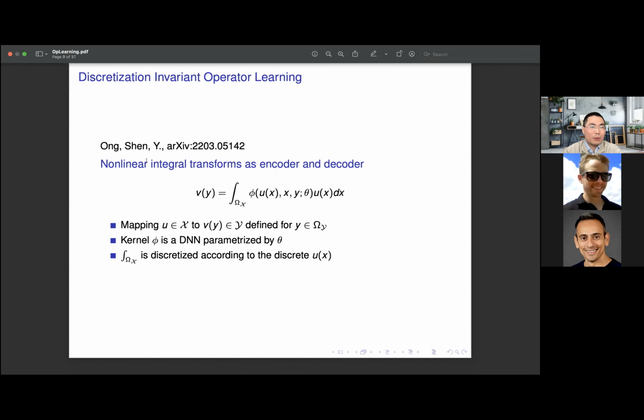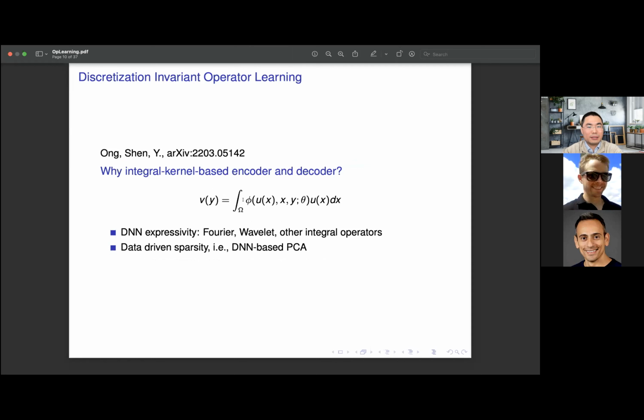You might wonder why I want to emphasize nonlinear integral transformation here, because according to our numerical experiments, adding U to the kernel function results in nonlinearity, which can help us to improve the learning accuracy, as we shall see in the numerical section. And the second way to interpret this nonlinear integral transformation is that we can think about this as a data-driven way to learn some powerful integral transformations that have been very useful in data science and machine learning.